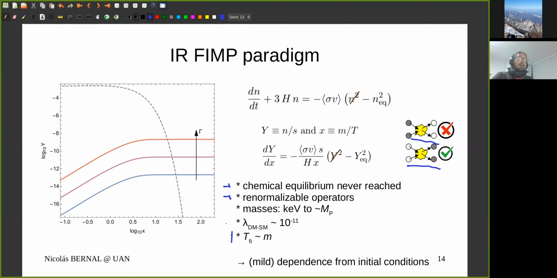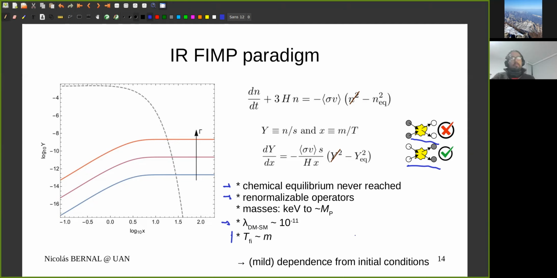So in order to have that, you need small couplings. And when I say small, I mean really small couplings, of the order of 10 to the minus 10-ish, 10 to the minus 11. So these are the typical couplings that you need between the two sectors. One important point is that there's a mild dependence on initial conditions, in the sense that for infrared FIMP, you typically assume that there was no sizable dark matter production in the very early universe.